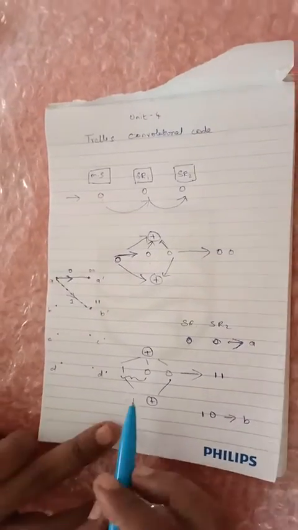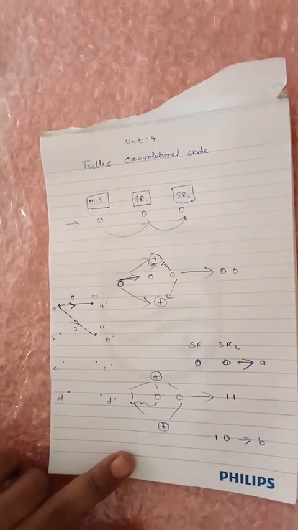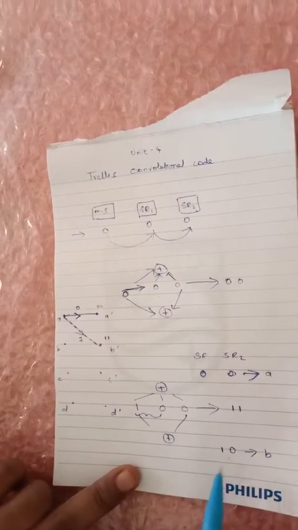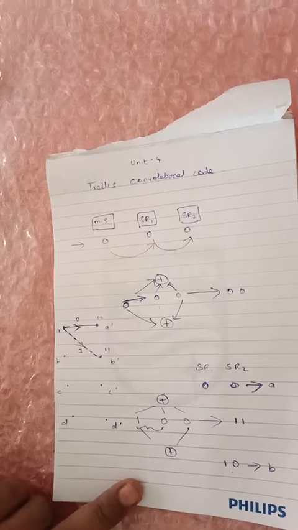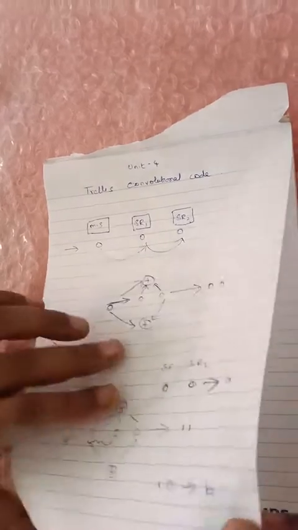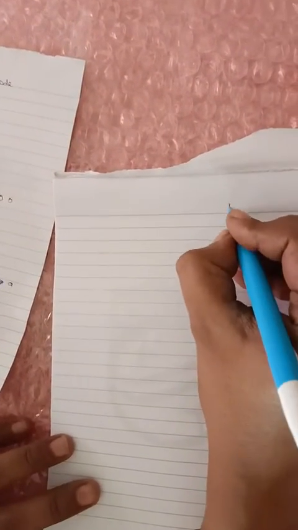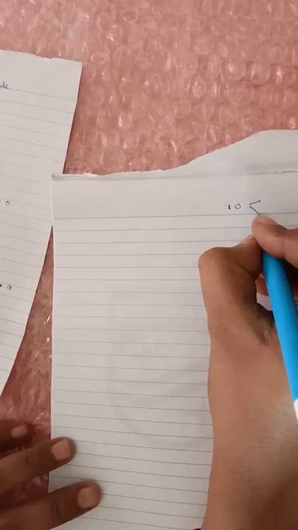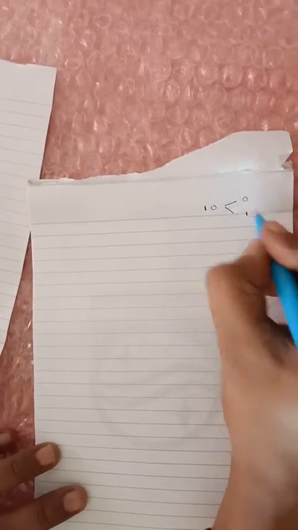Okay. So the next combination is, now it is going to be in the state of 1 0. So for this 1 0, you will be having two combinations of message sequence, that is 0 and 1, right? So here for 1 0 state, the two combinations are going to be 0 and 1.